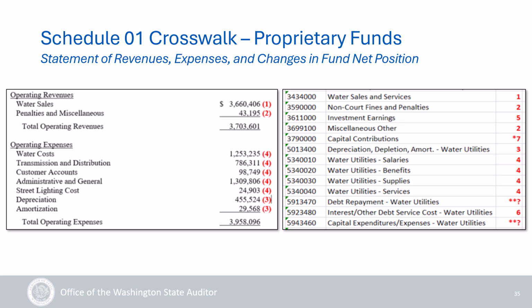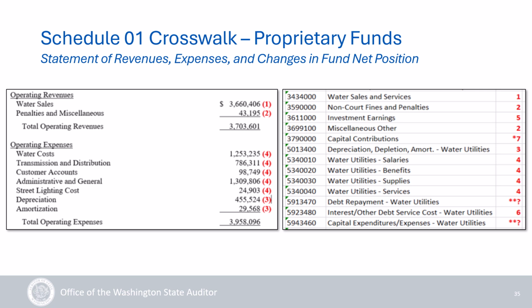And while looking at the screen, you will see red numbers on both images. The red numbers correspond to where that line item is reported on the Schedule 01. And you'll notice that some of the red numbers are duplicated, which indicates amounts that need to either be consolidated or separated into further detail for reporting on the Schedule 01.